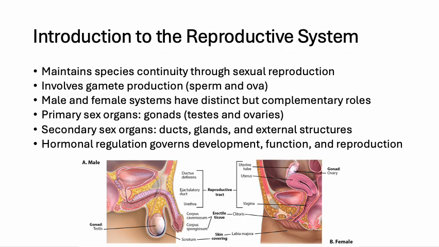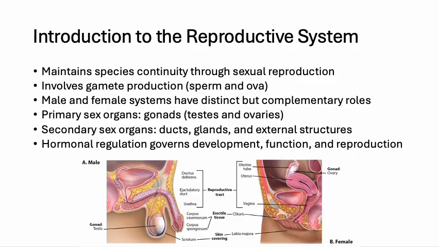The reproductive system is unique in that it is not essential for individual survival, but it is crucial for the survival of the species. Its primary role is to produce, nourish, and transport gametes, which include the sperm in males and the ova in females, and ultimately support the union of these cells to form a new life.